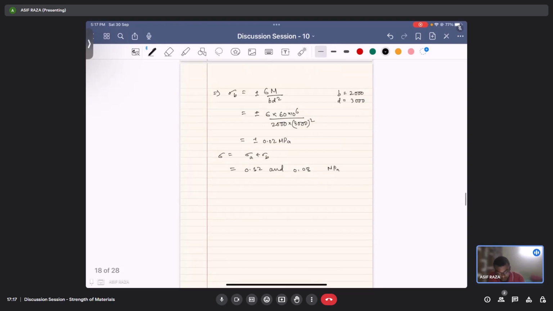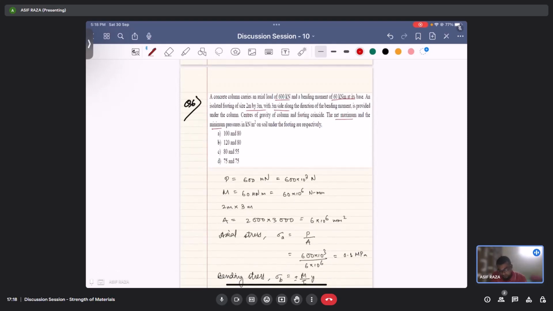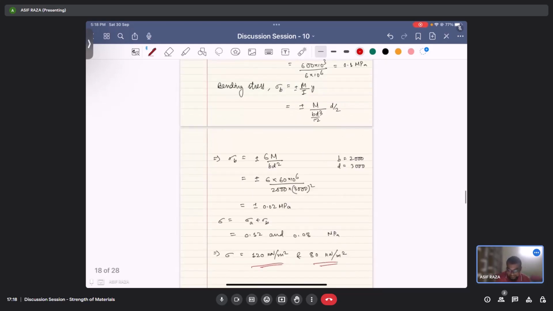So if I write it in terms of kilonewton per meter square, it would be equal to 120 kilonewton per meter square and 80 kilonewton per meter square. Let's see the options. Yeah, so option number second matches with the findings of our calculations.